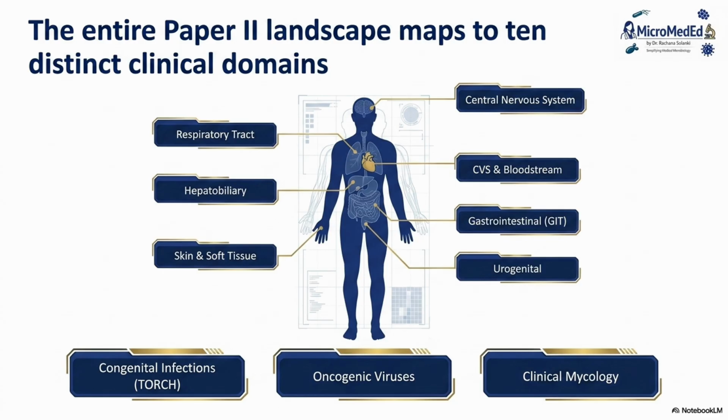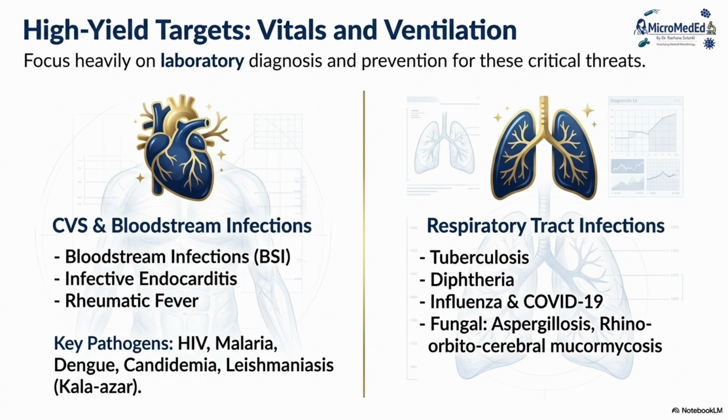So I always encourage you to go through all three: TORCH, oncogenic viruses and clinical mycology, because these are frequently asked questions, and when you can learn only 6 to 7 questions and get around 15 to 20 marks, you should definitely go with learning these topics.